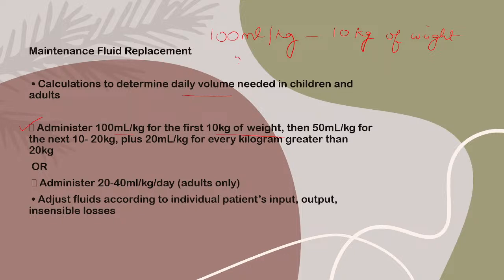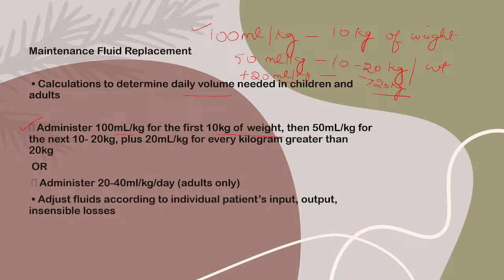Then 50 ml per kg for the next 10 to 20 kgs of weight. Then plus 20 ml per kg for greater than 20 kgs. So that is 100 ml per kg for the first 10 kgs, then 50 ml per kg for 10 to 20 kg, then plus 20 ml per kg for more than 20 kg of weight.